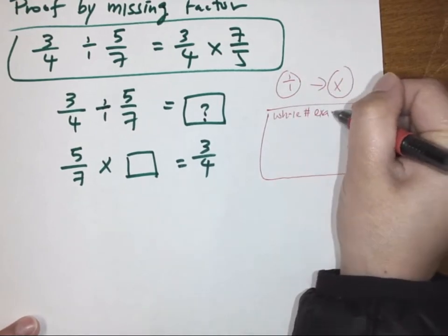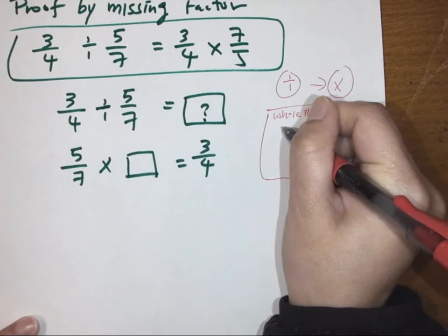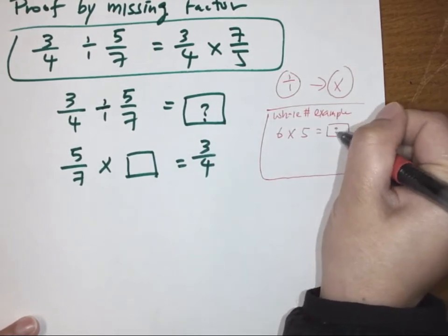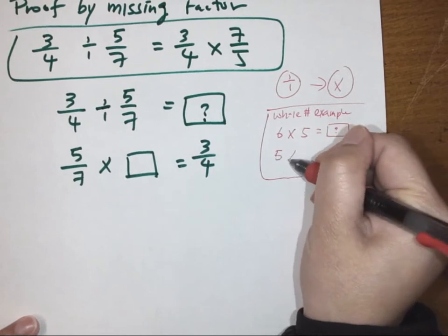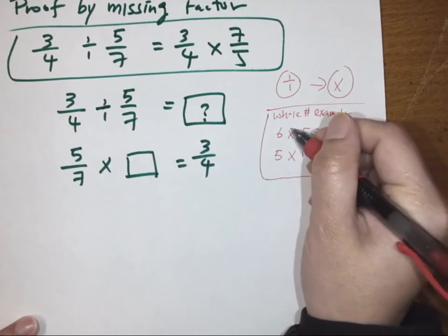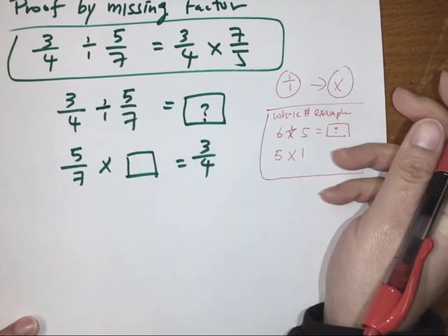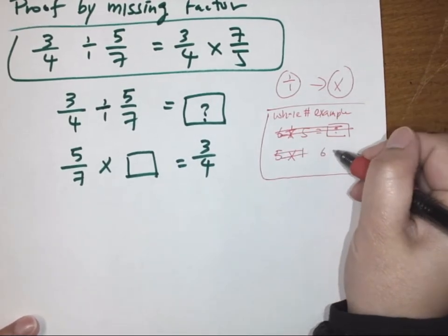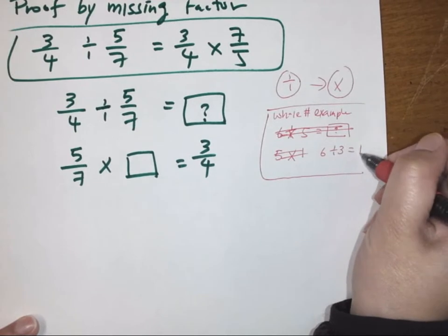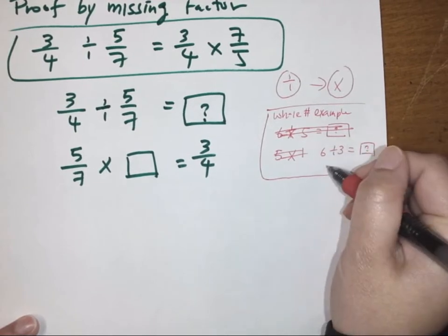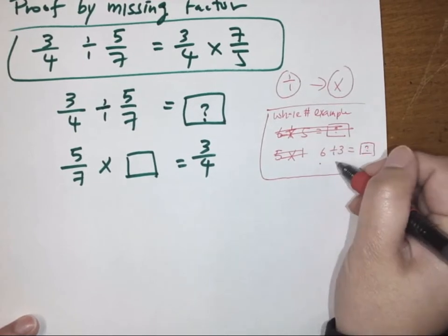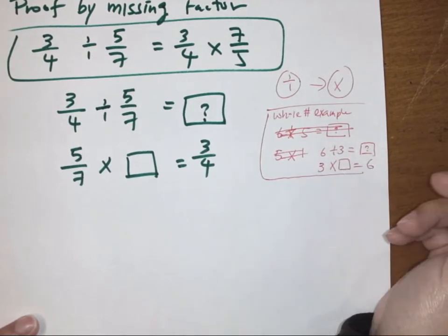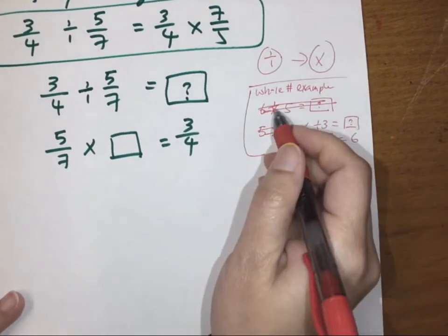If we have 6 divided by 3 equal to what? That's the same as, changing to multiplication, starting with 3 times something equal to 6. Sorry about that, it was a little messy.